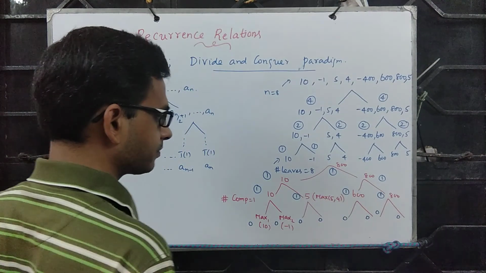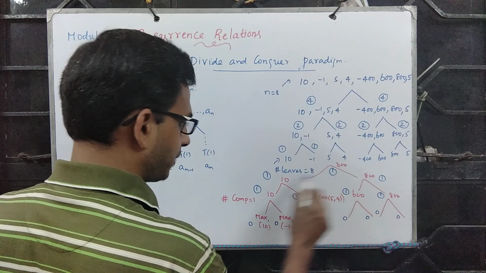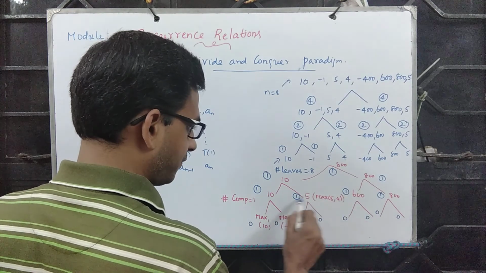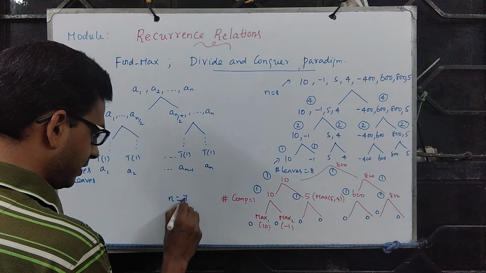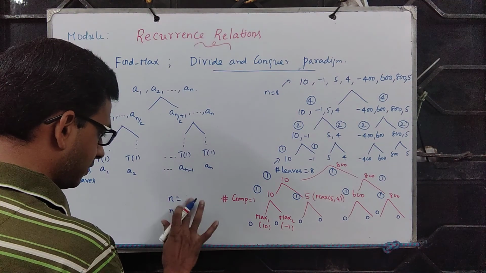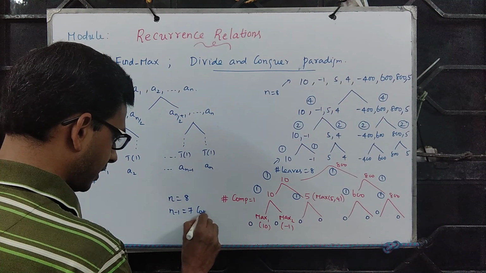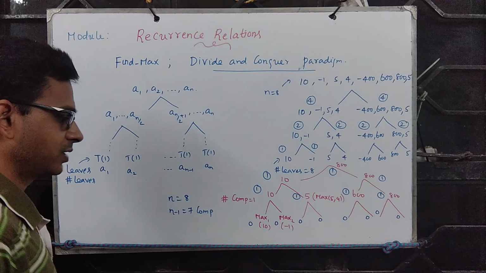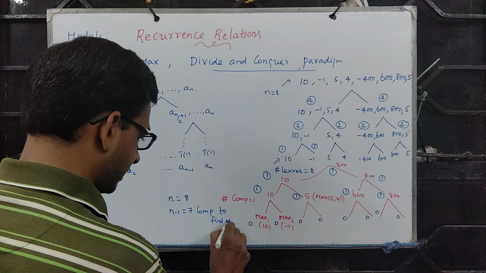So the total number of comparisons for this case study is 1, 2, 3, 4, 5, 6, 7. So if n is 8, we see that we incur 7 comparisons to find the max.